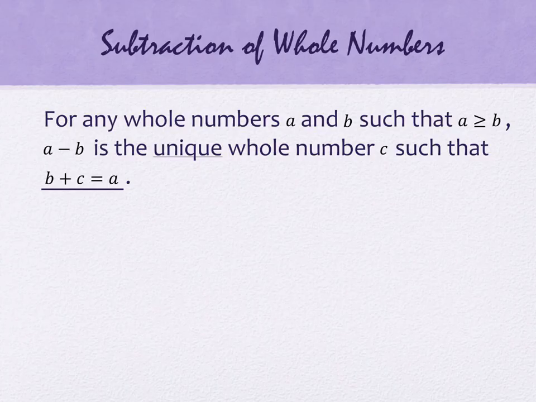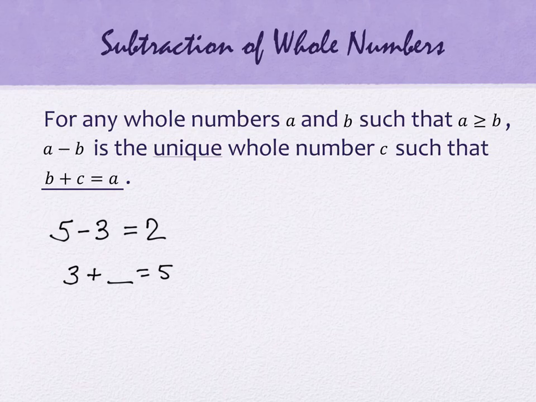When we say 5 minus 3 is equal to 2, what we actually say to kids is, okay, what do I have to add to 3 to get 5? What's missing? That's what's being described here. It's what I'm adding to 3 to get 5, and that is understood as what we mean by subtraction.